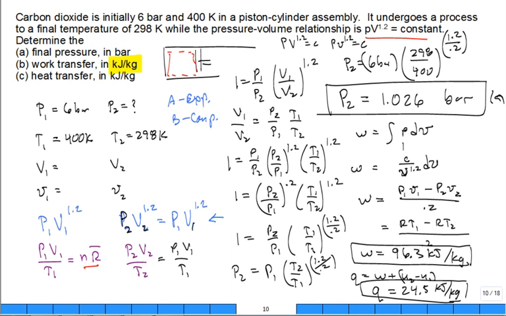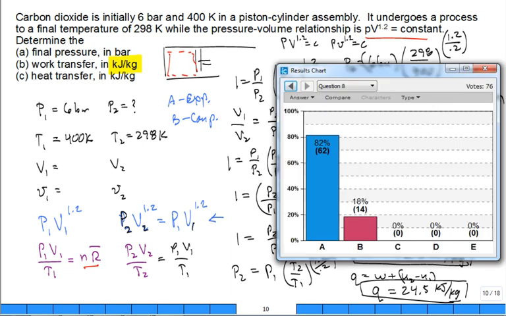Answer A, the gas is expanding. Answer B, the gas is being compressed. All right, sorry, we're out of time. Oh, you didn't get it in? Got to watch the time, sorry. All right. It is expanding.